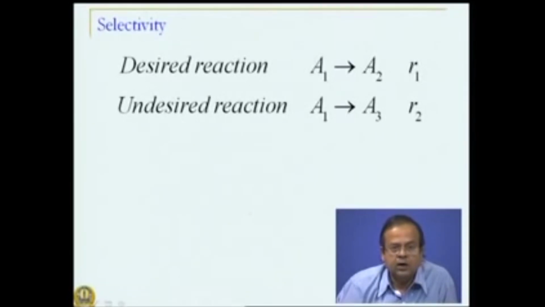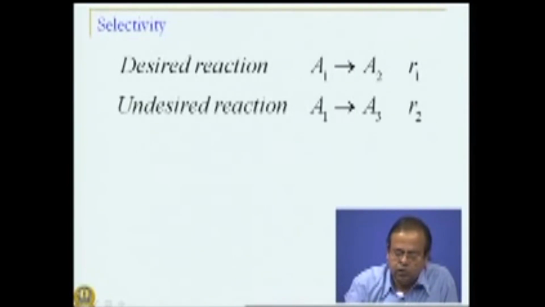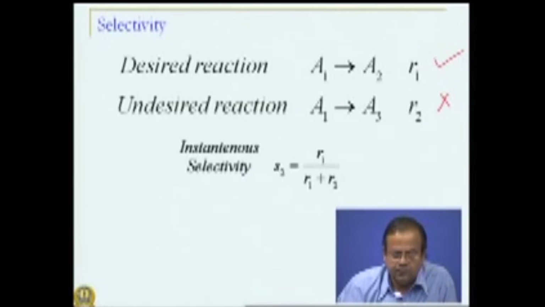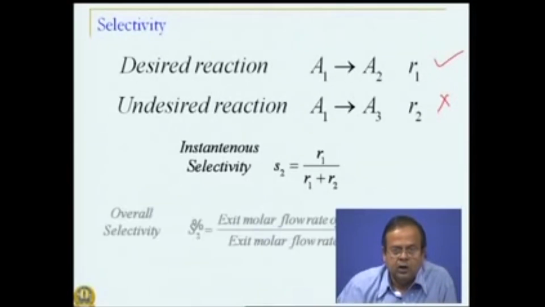There is another criterion where we have the same desired reaction and undesired reaction, A1 going to A2 desired, and this undesired, but we now define selectivity. We define two selectivities actually, instantaneous selectivity and overall selectivity.